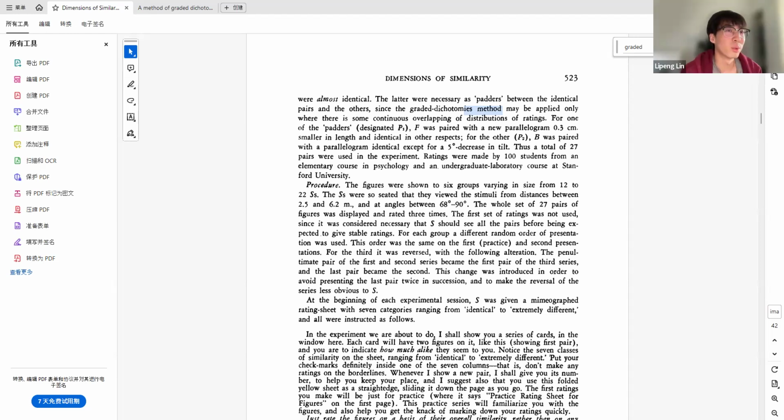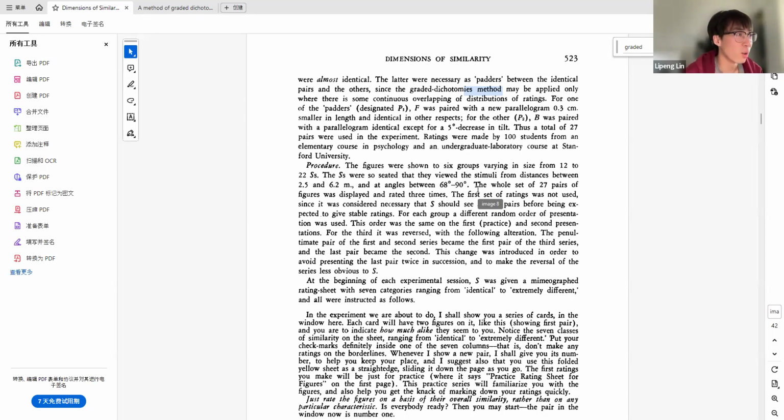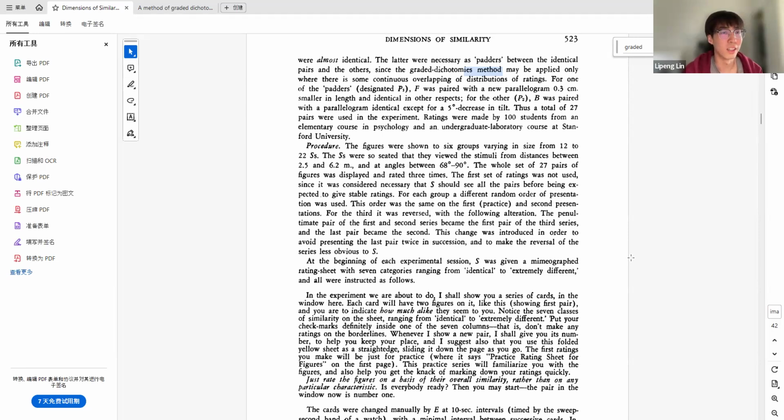If we are going to determine the psychological distance, one way is what this author did: picking some very simple stimuli, identifying two very obvious dimensions, and asking participants to rate the overall similarity between two stimuli. They assume participants will only rate on those two dimensions.